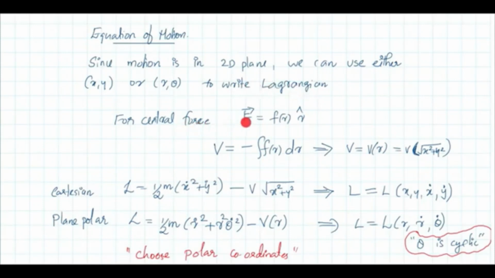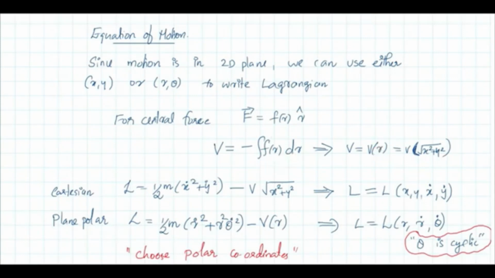For central force, we have this definition: F is F of r times r cap, and the potential is minus integral F of r dr, because force is minus dV by dr. Since F of r is a function of r only, this integral will give you a function of only the radial coordinate r.